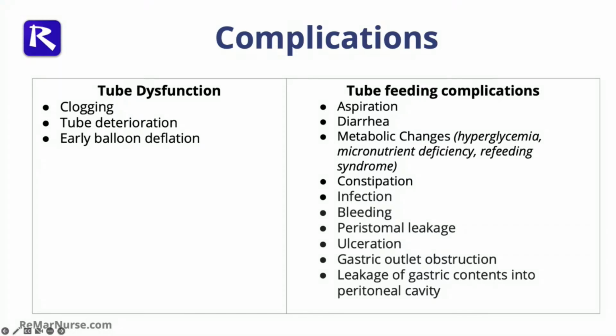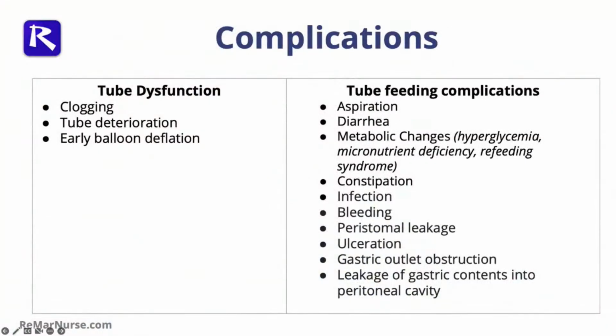So if a patient has not been able to eat for a long time, for whatever reason, maybe they were in a car accident, maybe they have dysphagia, and so they are not really tolerating food, and the family and the doctor make the decision, okay, let's just put a gastrostomy tube in the patient. Well, all of a sudden, the patient is getting this high influx of fluids and electrolytes, and that could be potentially dangerous to the patient.